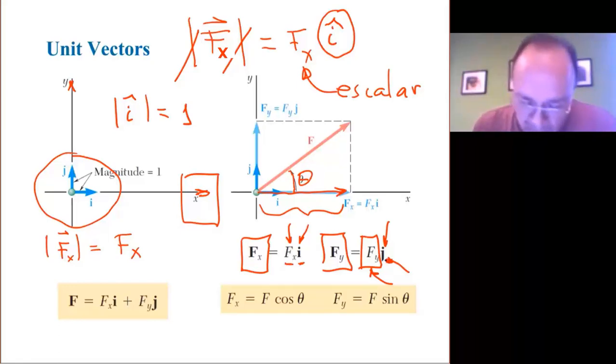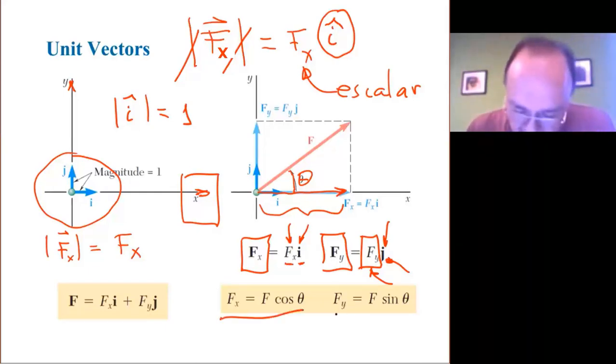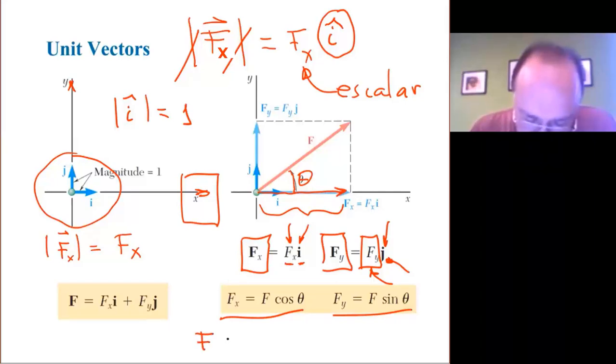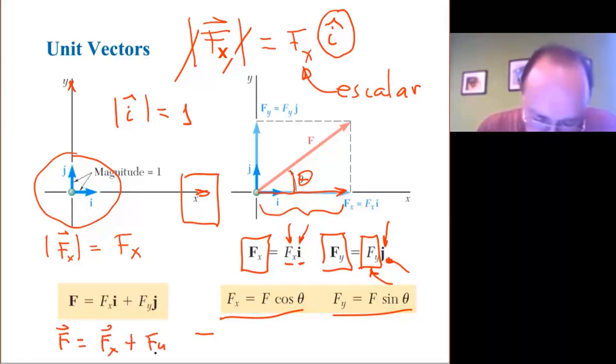And the magnitude, you calculate using your trigonometric functions, cosine and sine, these two expressions that you have here. Then you can express what I said before: the vector F is equal to Fx plus Fy.